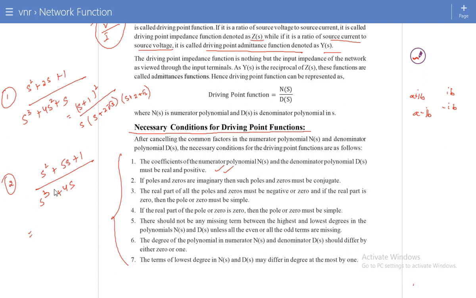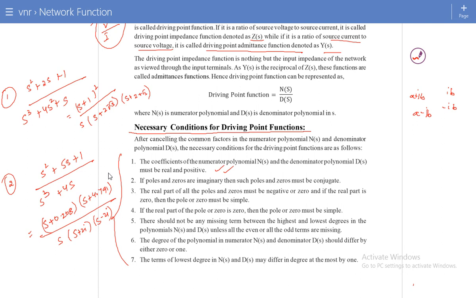So what can you write here? (s plus 0.208) into (s plus 4.791), divided by s, if I am taking s as common in the denominator, s into (s square plus 4). s square plus 4 means what I will get? (s plus 2i) into (s minus 2i).